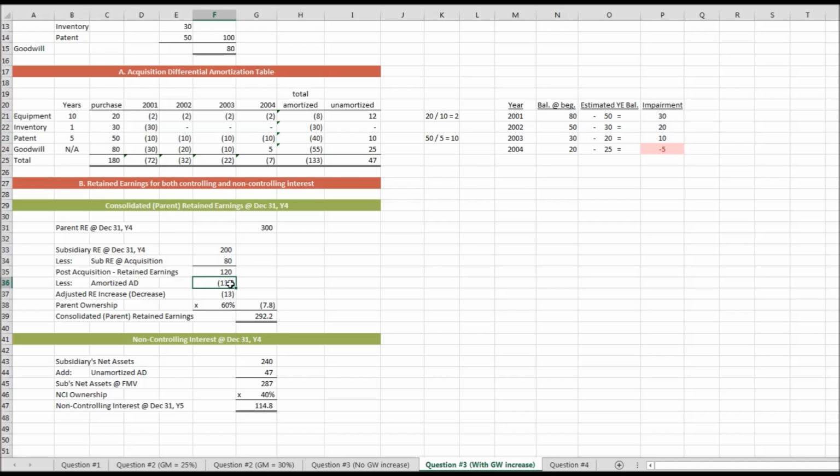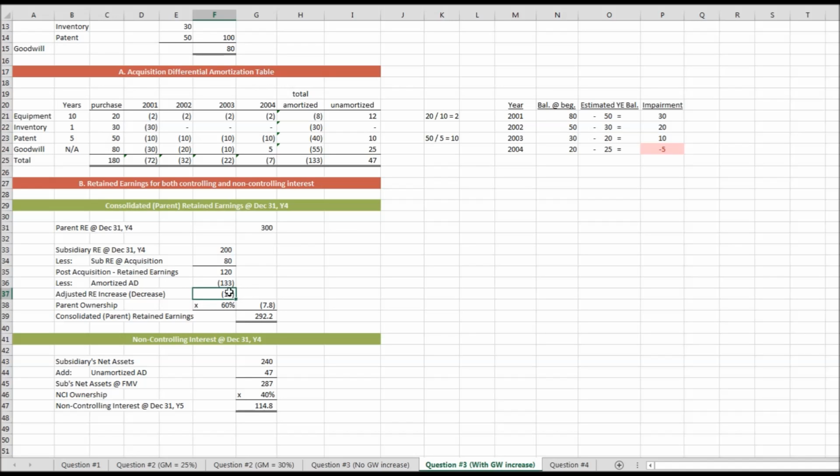So we're just going to reflect that here by subtracting from our retained earnings. We're taking our total amortization at year-end 2004 and subtracting it out right there, and that gives us an adjusted retained earnings of 13.